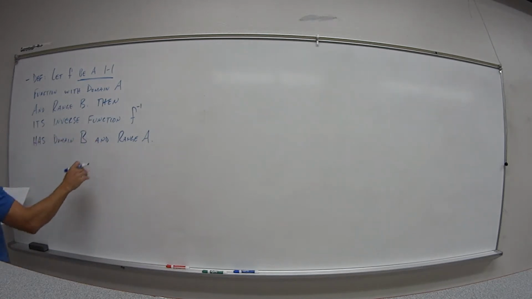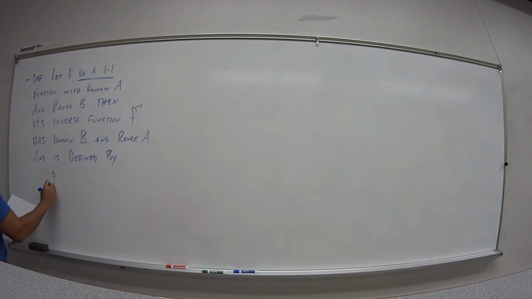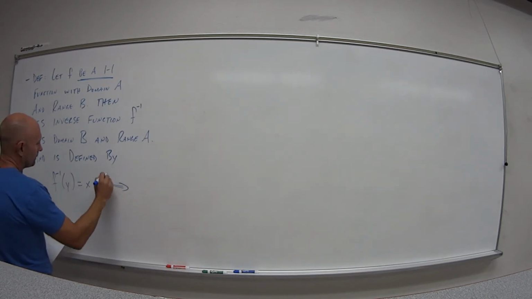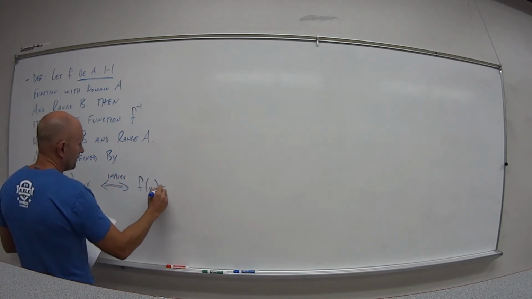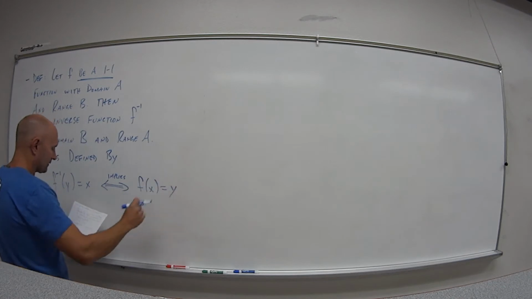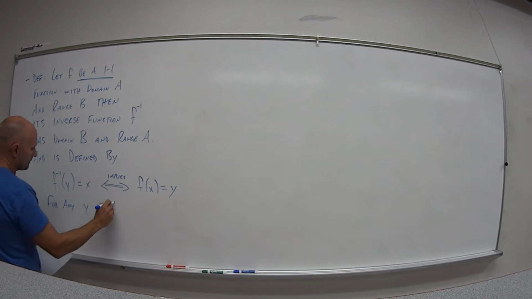So it has domain B, range A, and is defined by the following. f inverse of y gives me some value x. This implies that f of x gives me some value y. And this is for any y in my domain B.